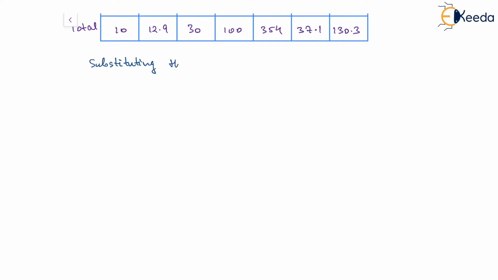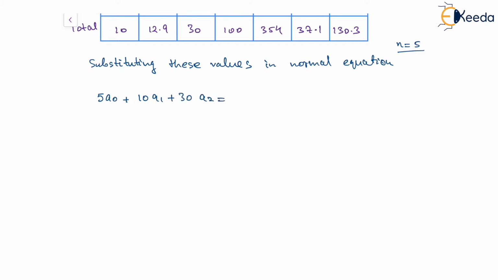Substituting these values in the normal equations, since n is 5 here, the first equation becomes 5 times a naught plus 10 times a1 plus 30 times a2 equal to 12.9.